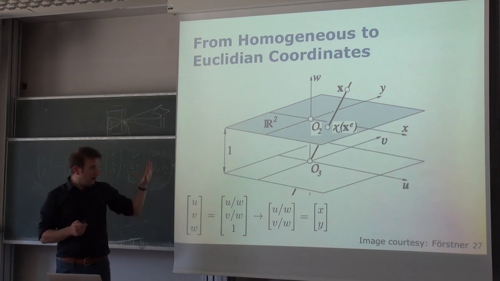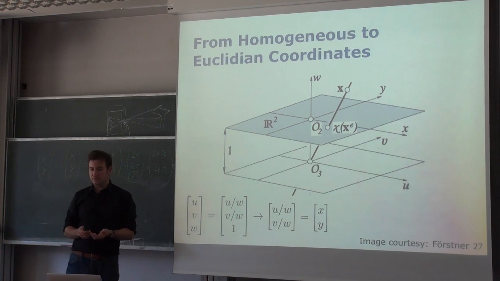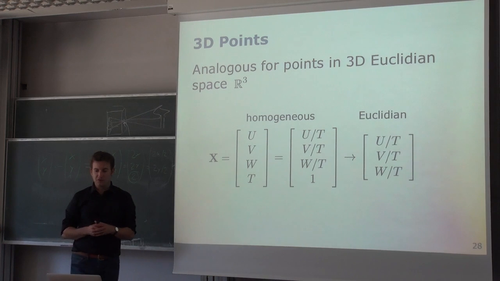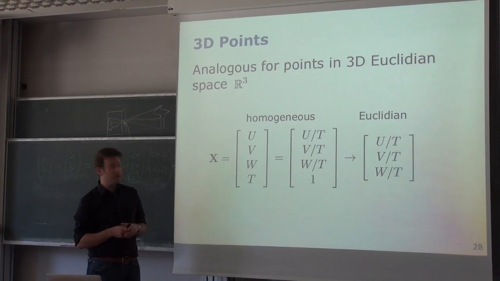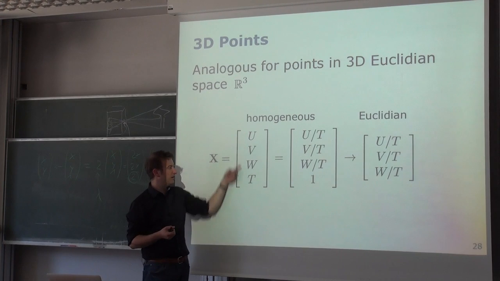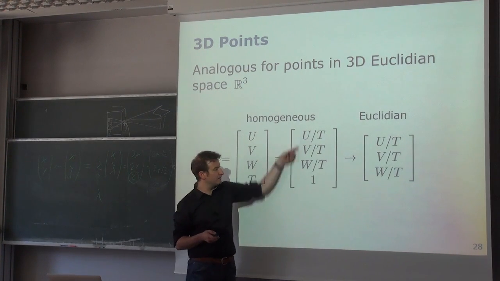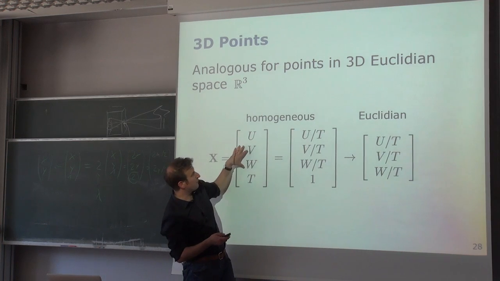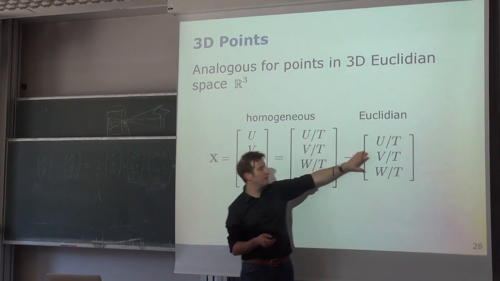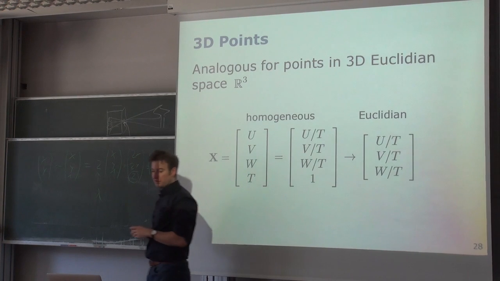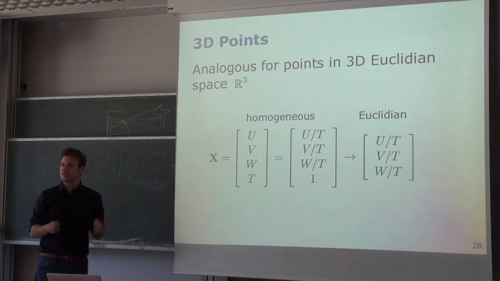Okay. What we can do in 2D, we can of course do in exactly the same way also for 3D. The only difference is we don't have 3, we have 4 components, and then we can move from the 4 components in homogeneous coordinates back to our 3 dimensions in our Euclidean world. The rest works exactly in the same way.